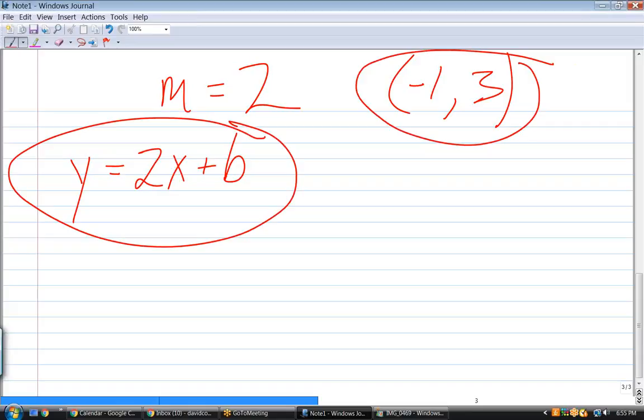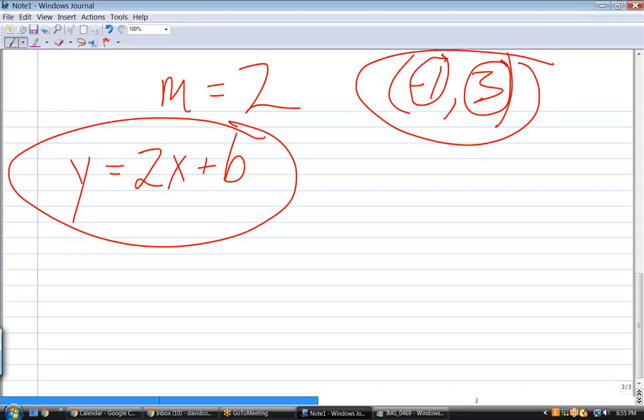Well, you could just go down to over 1 until... Hold on. There's an easier way to do it. And it's very important you understand this. If it goes through this point, then I've got to be able to plug that in for x and that in for y and satisfy the equation.